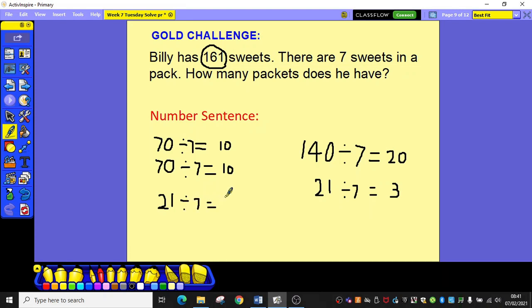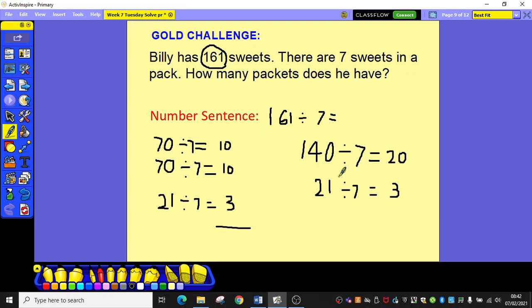So hopefully you've just worked out that if I do 161, let's just write my number sentence down. And again, I would like you to do this when you show your working, please. I'd like you to write down the number sentence that you've got to solve. And then I'd like you to show how you partition it.